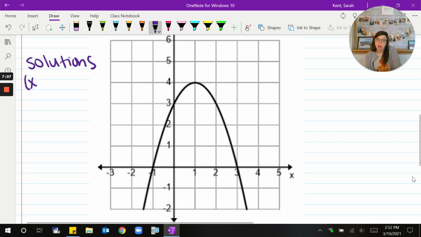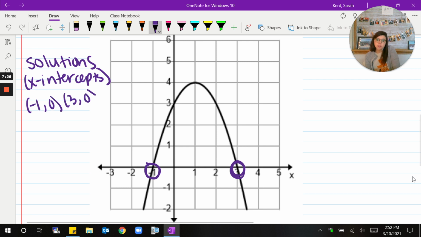Again, these are our x-intercepts. So if I look at my x-axis, I can find a solution here at -1, and I find one at 3. So I could write (-1, 0), (3, 0), or I could write x equals -1, x equals 3.